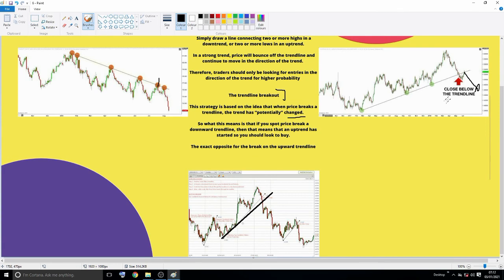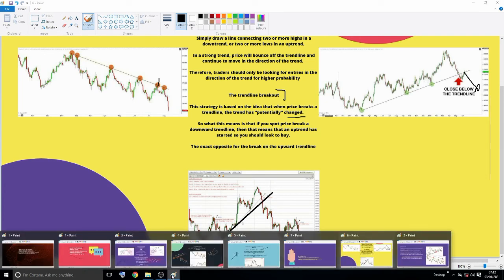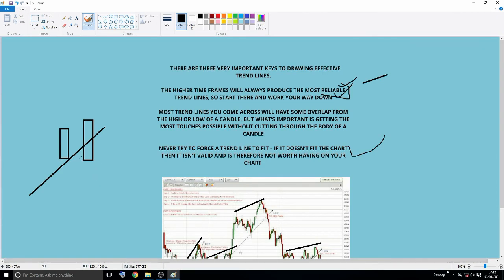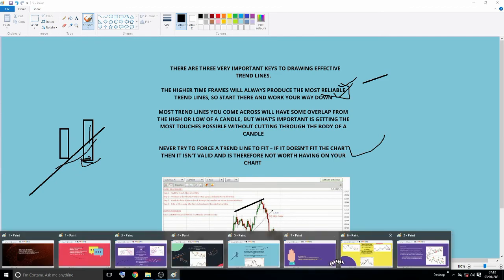By broken, I mean close below the trend line. If you had a trend line and the candlestick closed below that trend line, that means the trend is broken. It broke that trend line and closed the candlestick below. That means that trend line is broken.